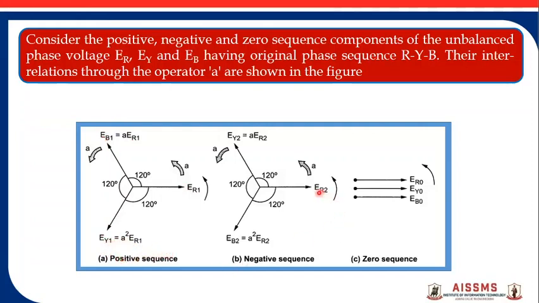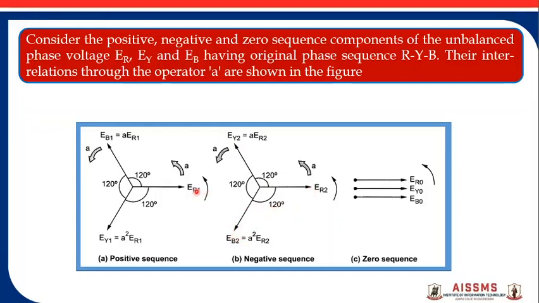Similarly, ER2, EY2, and EB2 are called the negative sequence components, because 2 is the notation used for the negative sequence component and 1 is the notation used for the positive sequence component. Here also the phase difference between ER2 and EY2 is 120 degrees, between EY2 and EB2 is 120 degrees, and between EB2 and ER2 is 120 degrees.